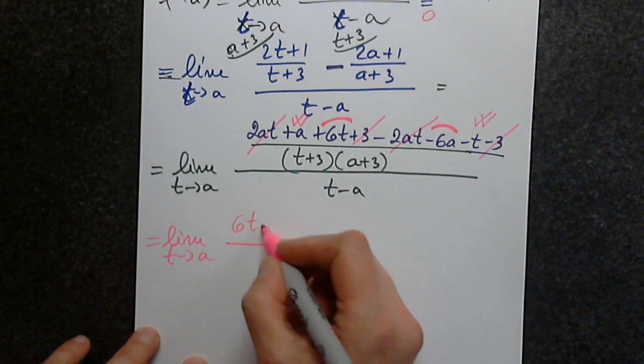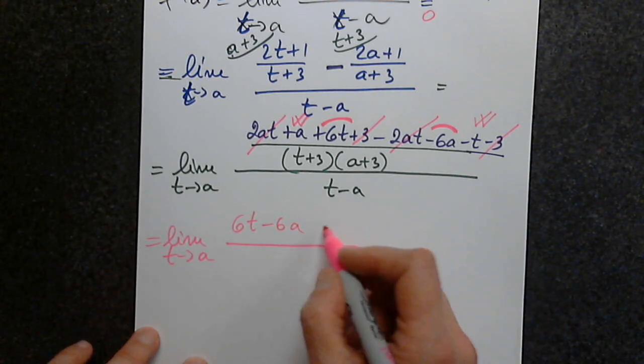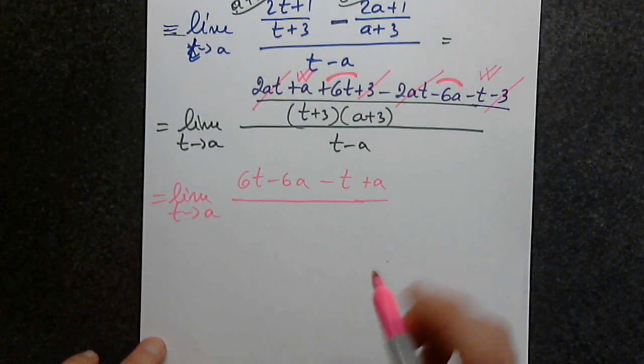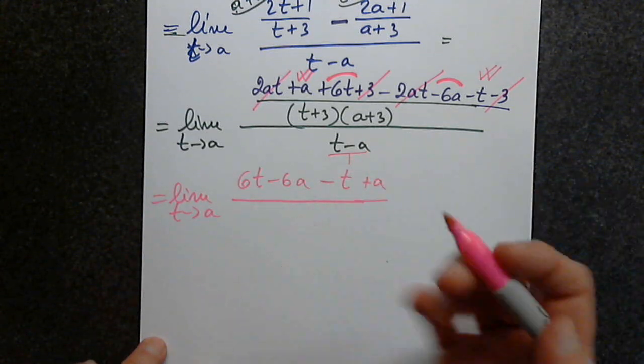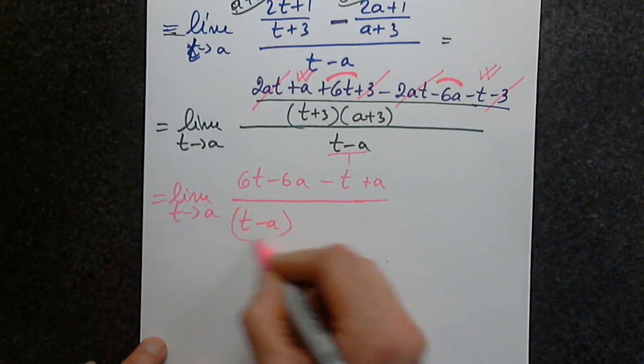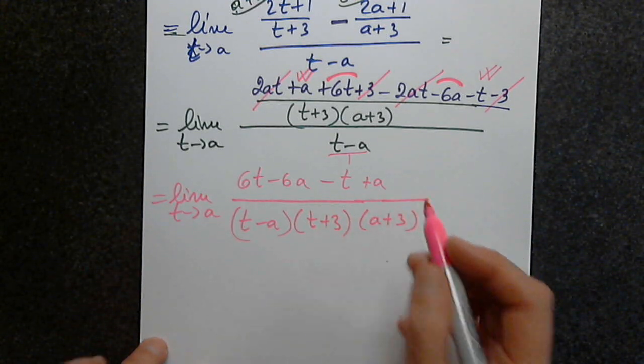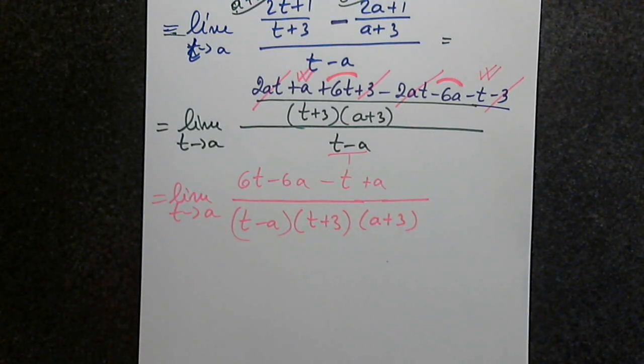So I will write 6t minus 6a minus t and plus a in this particular order. And this is over t minus a, so I flip, so I have 1 over t minus a, then t plus 3, and a plus 3. Let's see if this is clear so far, please. Is this okay?